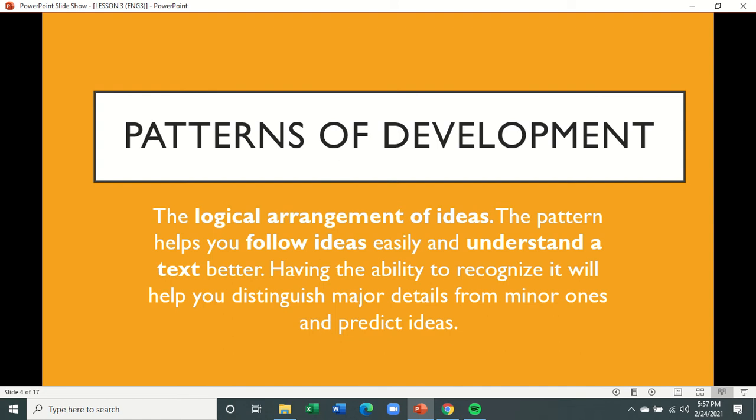So the moment you identify what pattern of development was used in a composition, you will find it easy to understand because you already recognize the major detail. And in order to identify what pattern of development was used in that text, you need to identify first the main idea. So again, patterns of development is the logical arrangement of ideas.